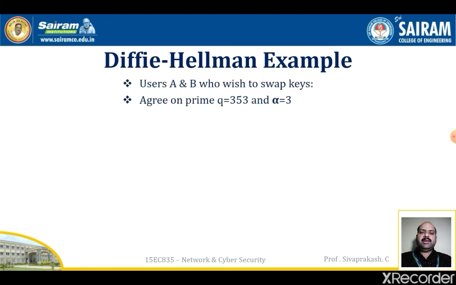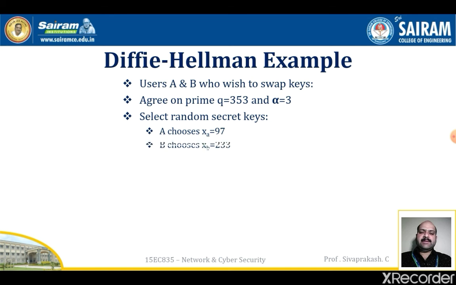Users A and B are going to exchange keys. They agree on a prime q equal to 353 and alpha equal to 3. They select random private keys: A chooses 97, B chooses 233.